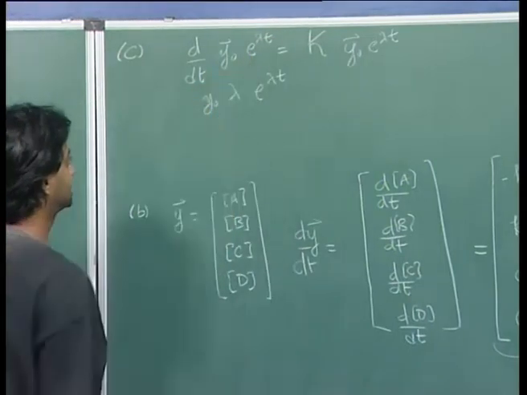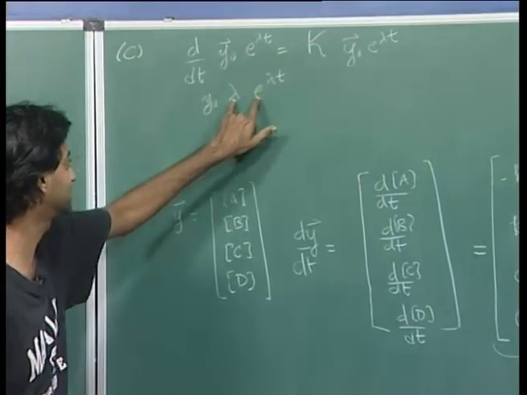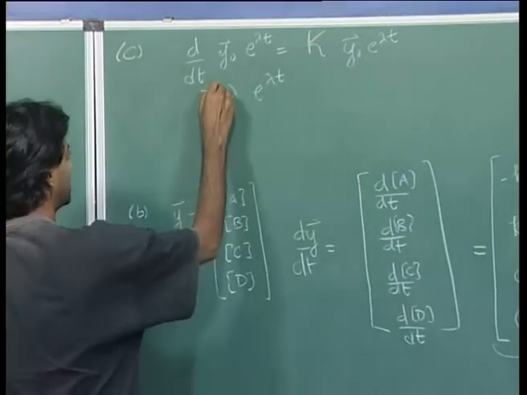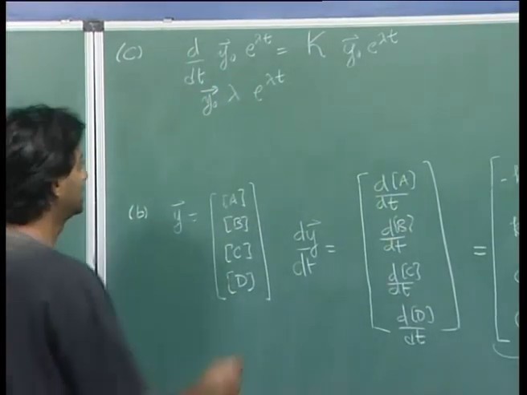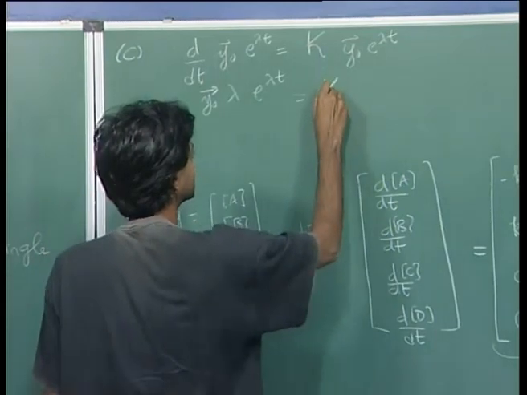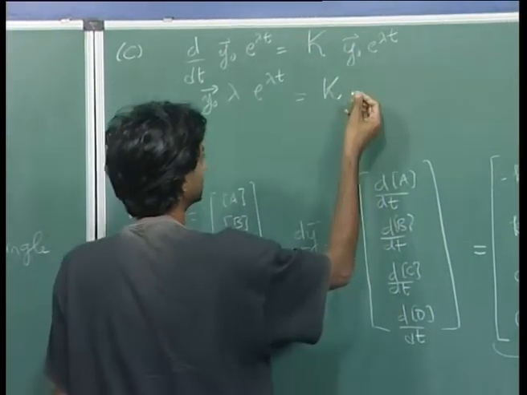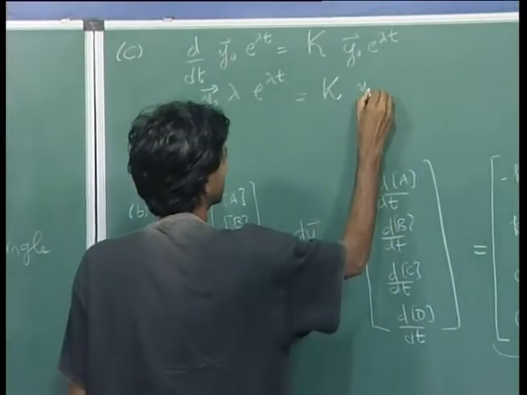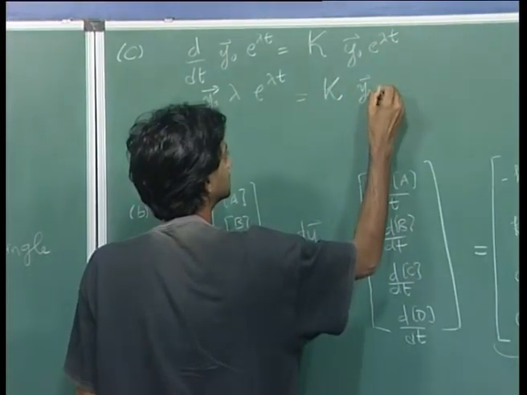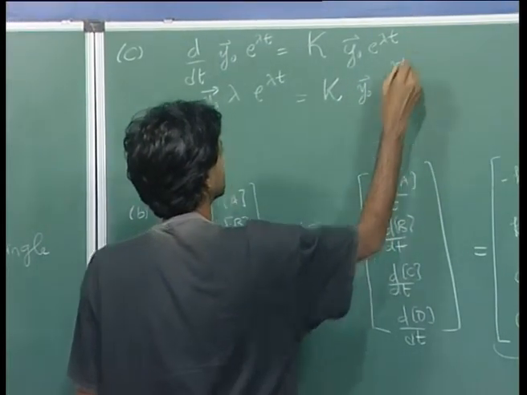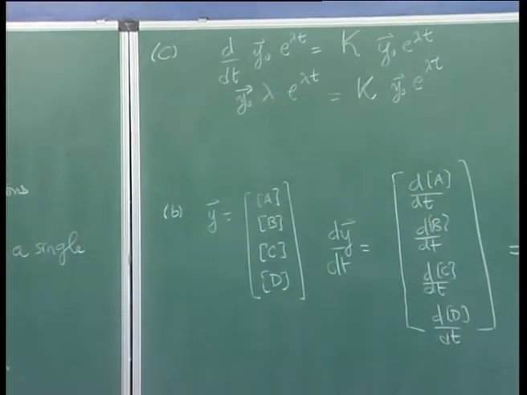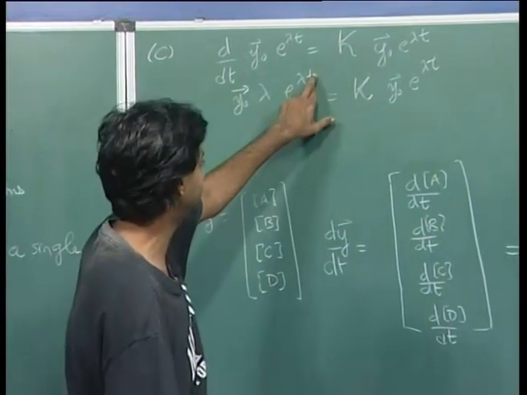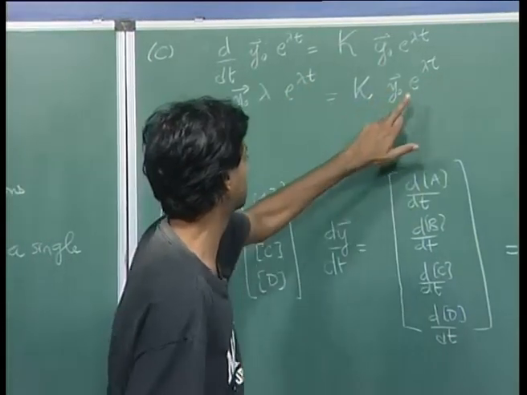On the other side I get K y0 e raised to lambda t. Now, e raised to lambda t is just a scalar, so I can cancel it from both sides.